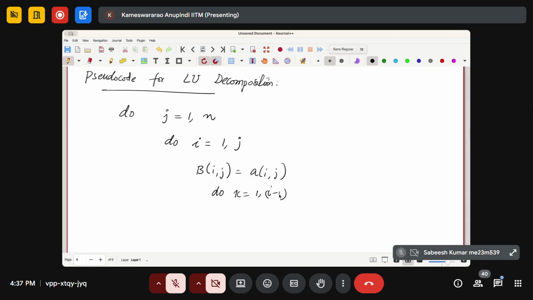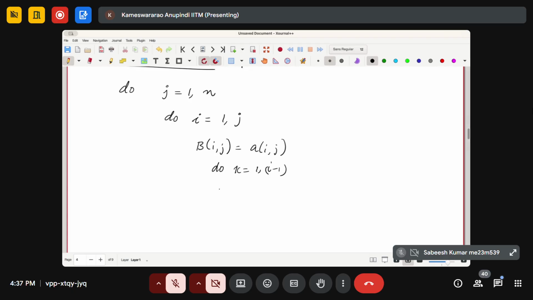And then I would write beta ij equals beta ij minus alpha ik star beta kj. Now you notice that if I'm looking at the first element, then i equals 1, j equals 1. Then my beta 1,1 equals a1,1, and I'm not going to enter this loop because this is going from 1 to 0.